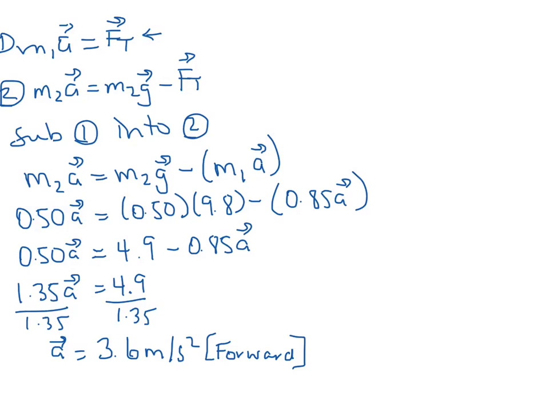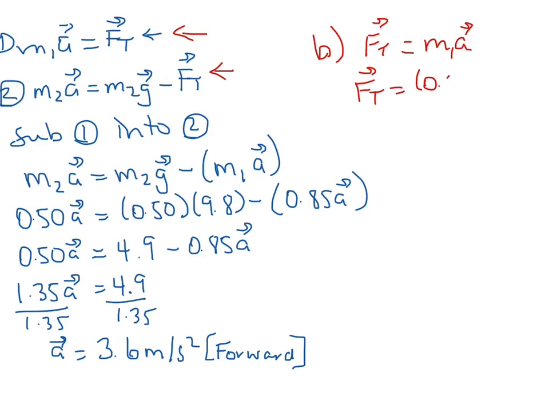Part B, though, is quite a bit shorter. Part B asks us to calculate our tension force. You can use equation 1 or equation 2 to solve for Ft. I'm going to guess that most of you would choose the first equation, mainly because it's shorter, which is fine with me. So Ft is equal to our mass, which was 0.85 kilograms, times our 3.6 meters per second squared.